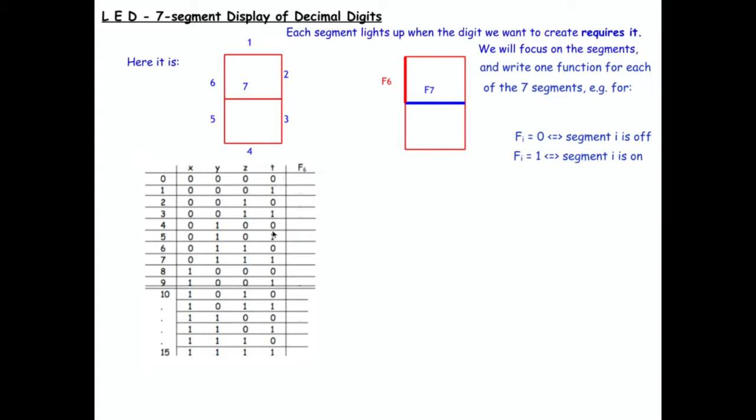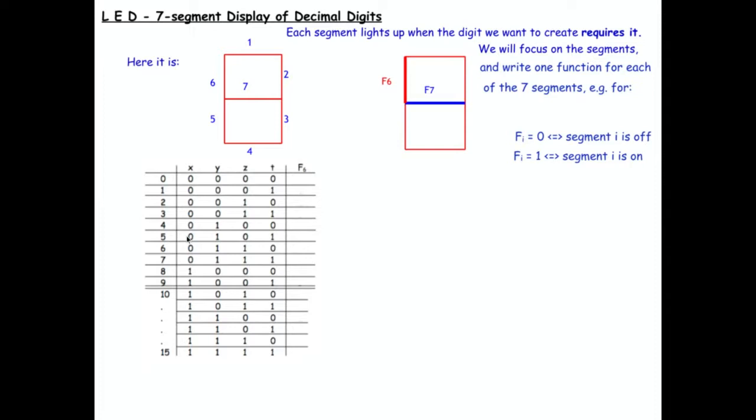T represents 1s, Z represents 2s, Y represents 4s, and X represents 8s. Right, and in order to make up a 5, we need the complement of x, which is 0. And then we need the true value of y, which is 1. We have a complement of z, which is 0, and a true value of t, which is 1.